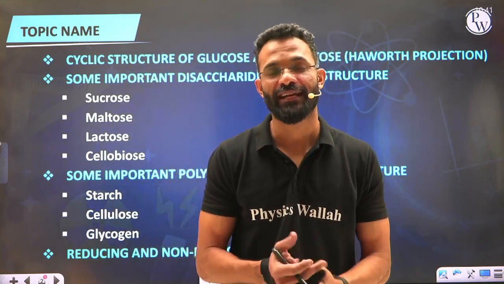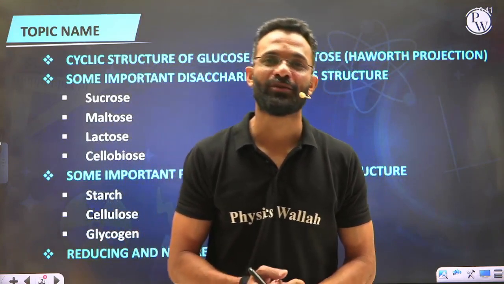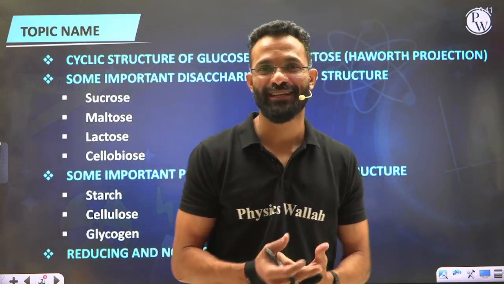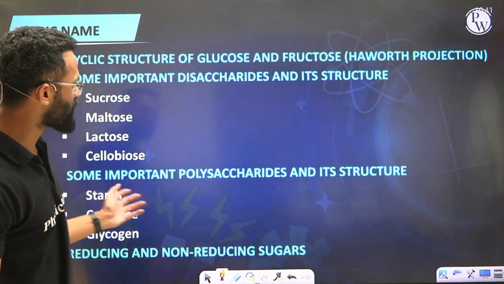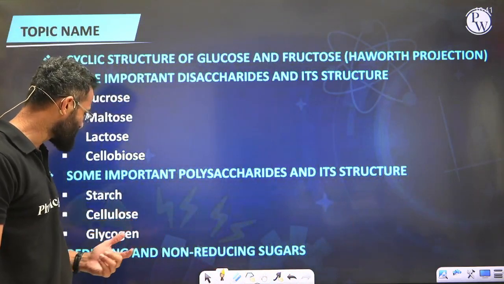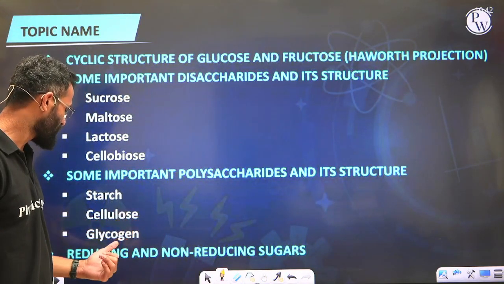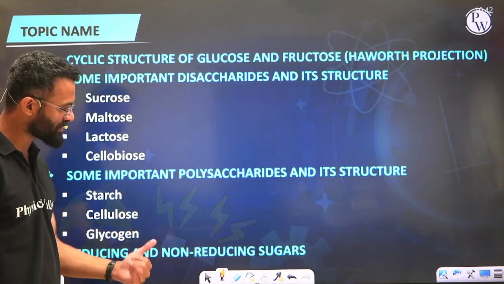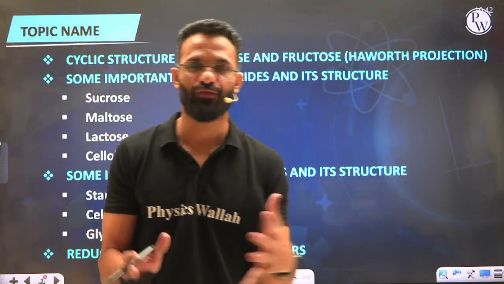When we study the cyclic structure of glucose, we'll also come across a term called mutarotation. All these things we'll be studying simultaneously, and then after that we'll be talking about some important polysaccharides and their structures, like starch, cellulose and glycogen, and at the end we'll be discussing reducing and non-reducing sugars. So this is what we have to learn today.